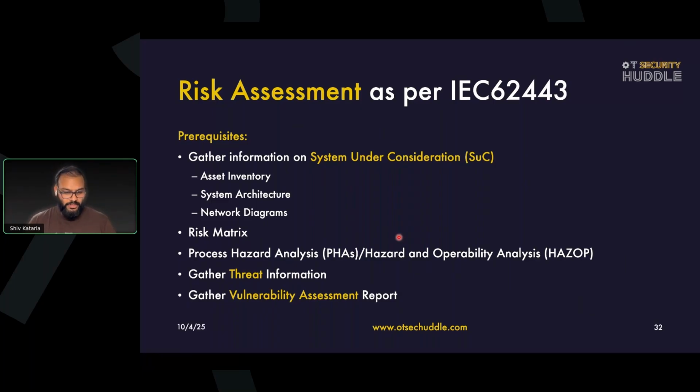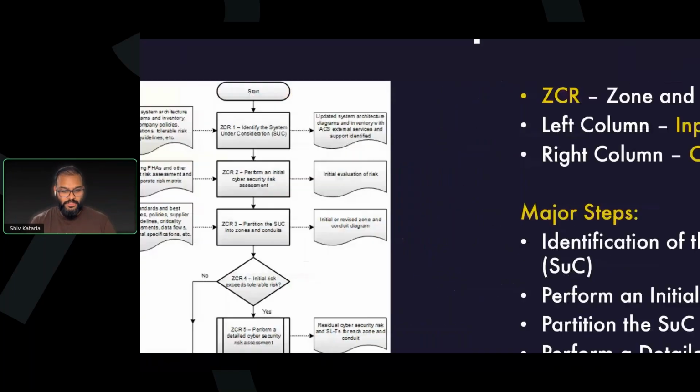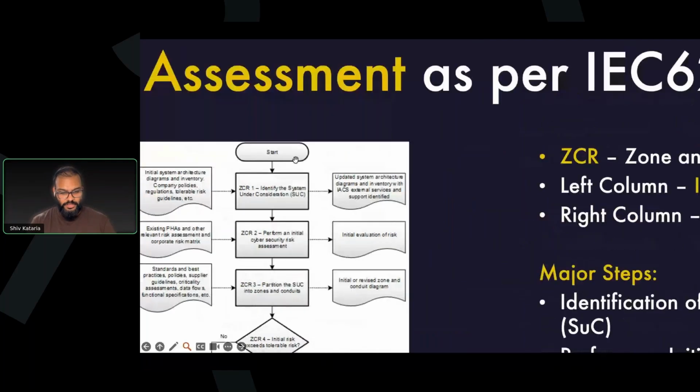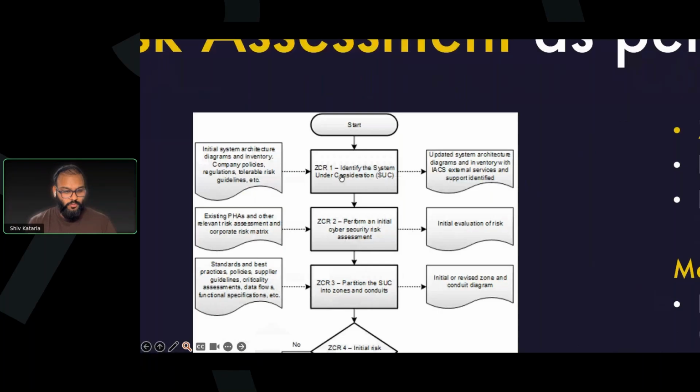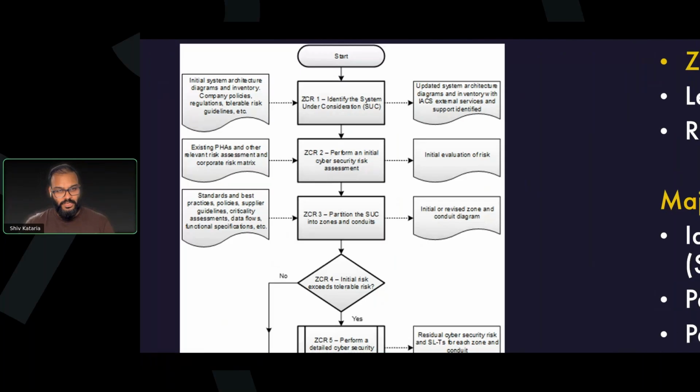And then this is the workflow that talks about the risk assessment. You start with the system under consideration. As you see, it's called zone and conduit requirement 1. Then you perform an initial risk assessment through your existing PHAs, other relevant documents, and also corporate risk metrics.